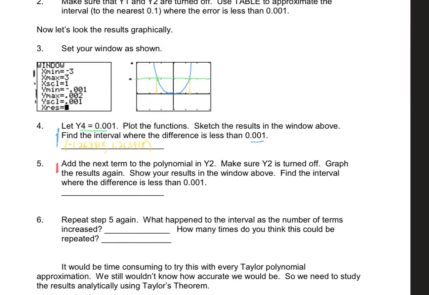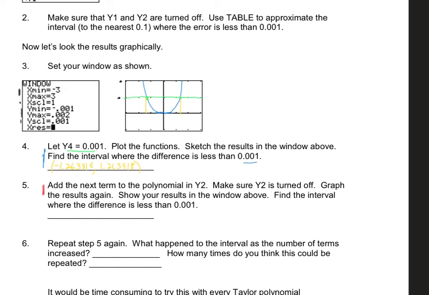When we graph, we'll see how that improved our interval. You should see something that hugs the x-axis a little farther, until you get to about here as your interval. Then we can repeat our process and try to find these points of intersection.